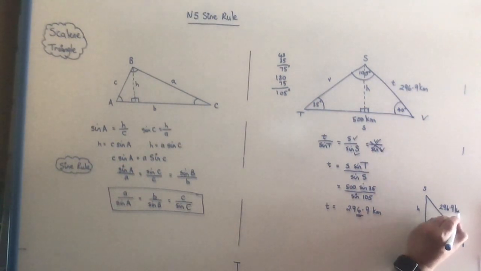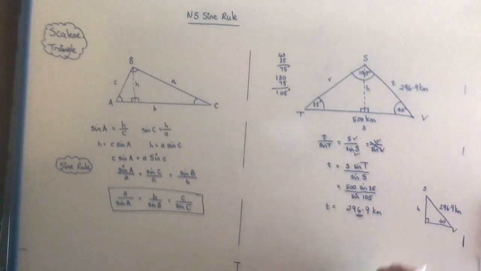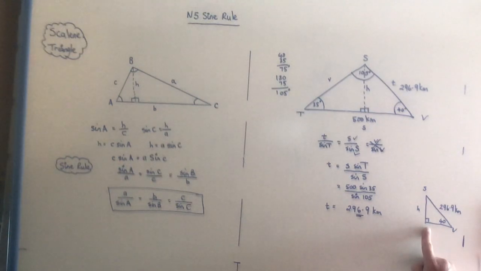Now this is a right angle triangle, so I'm using this wee bit, I'm running out of space here, but using the SOHCAHTOA here, then sine of that angle, sine of V, is equal to the height over the hypotenuse, which is 296.9.